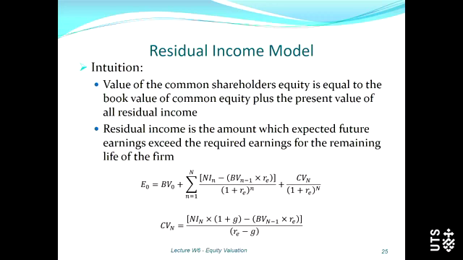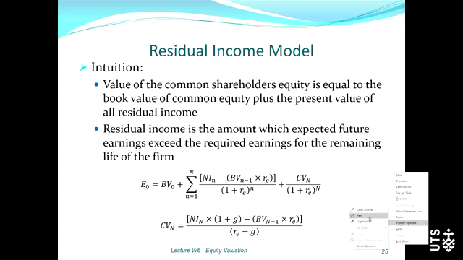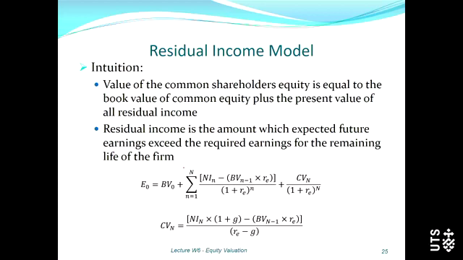So we said two parts. Book value of equity. In our valuation of equity, we have the book value of equity today, plus, and just think about this as the explicit forecast period in our DCF. And this is our continuing value. Right?